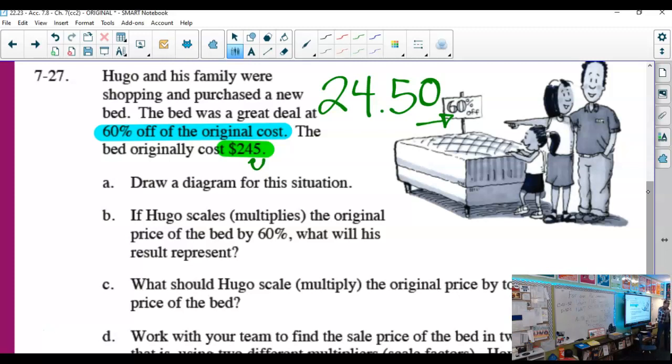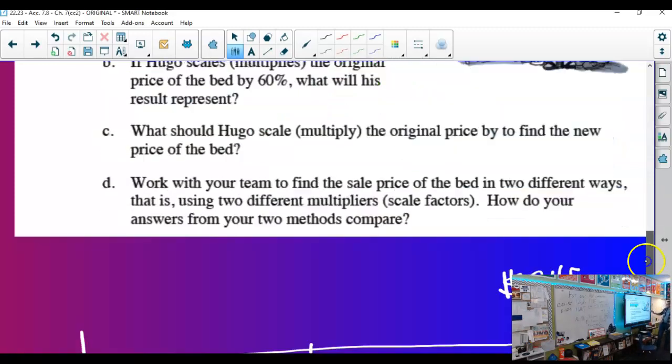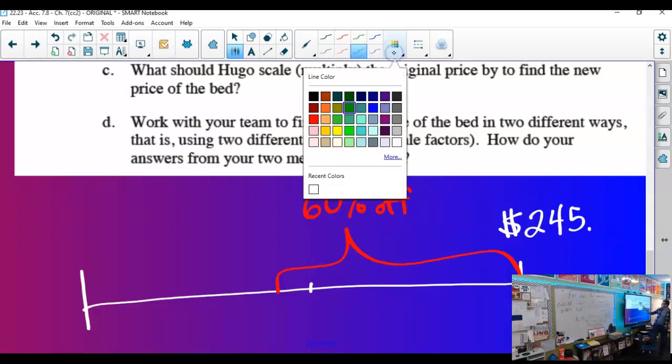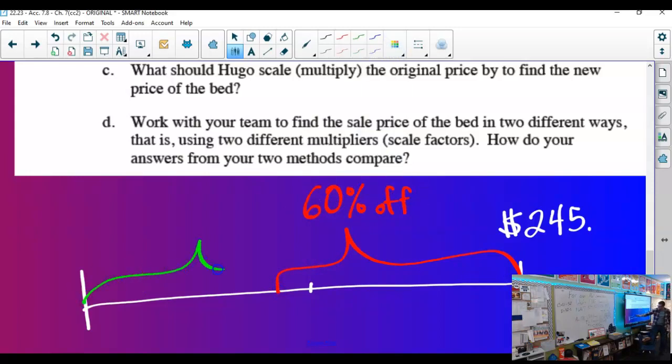Multiply by 4 and you're done. No subtraction necessary. So if it's 60% off, that means it's 40% on.